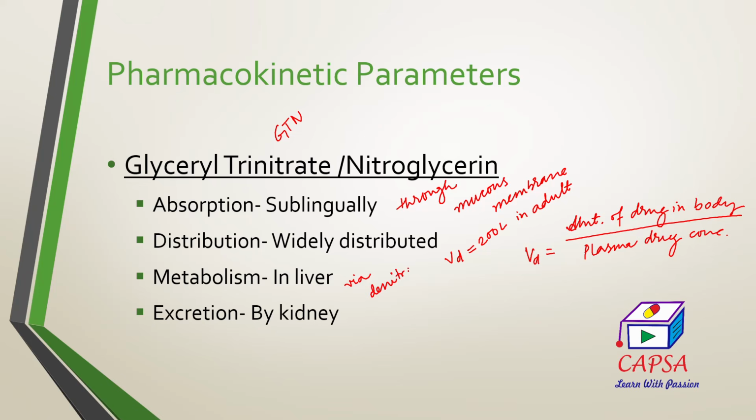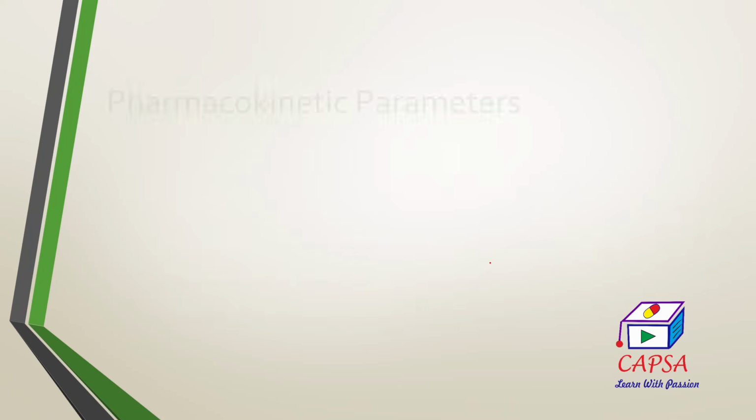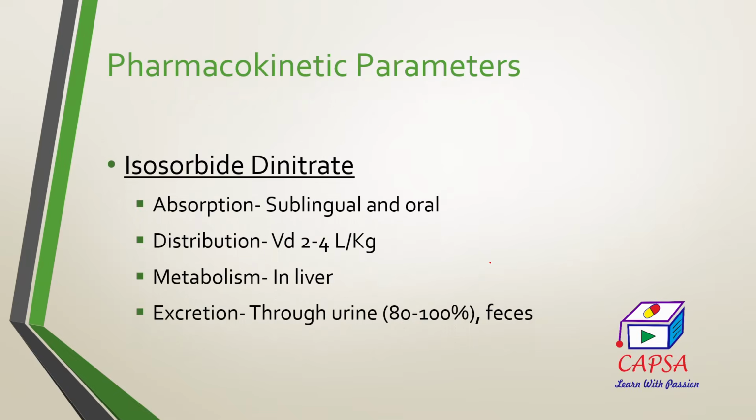denitration process to form metabolite 1,2-dinitrate, excreted by kidney. Coming to the next drug, isosorbide dinitrate, absorption occurs sublingually and orally.